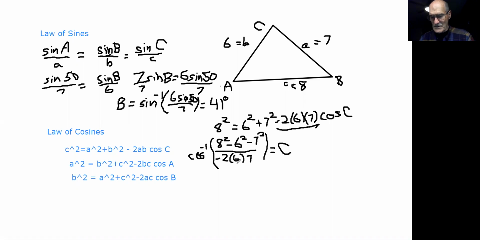I've got to be careful: 8 squared is 64, minus 36, which is 6 squared, minus 49, divided by parentheses minus 12 times 7. And I hit enter and I get an answer of 75.5 degrees. So angle C here is now 75.5 degrees.